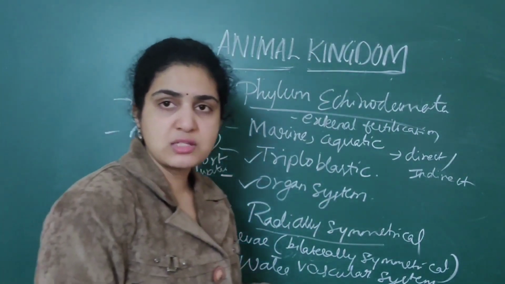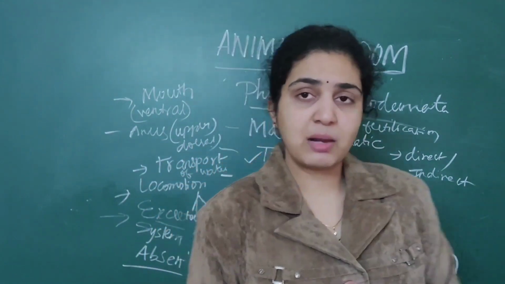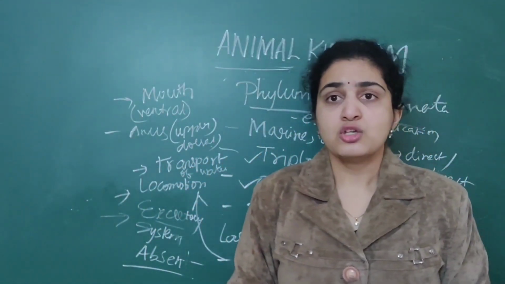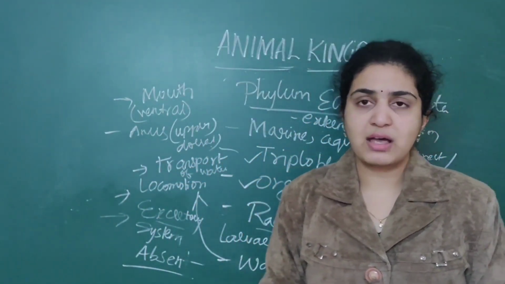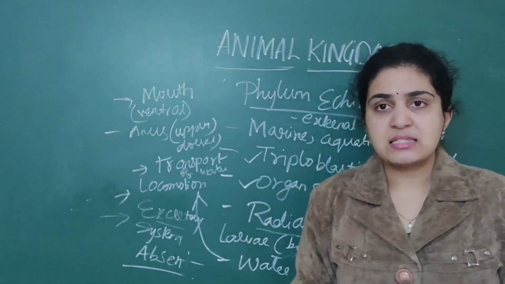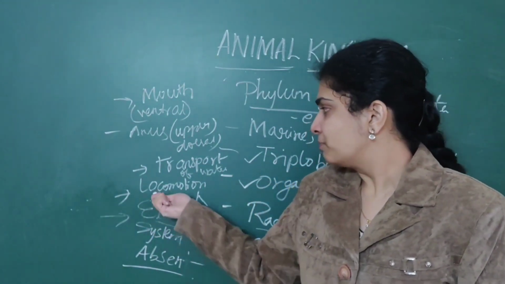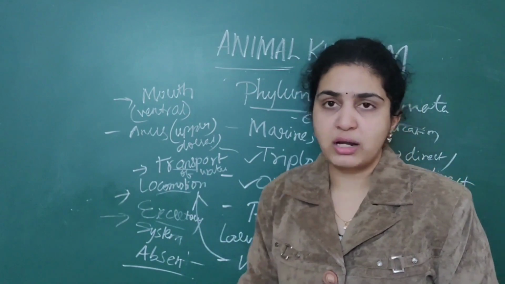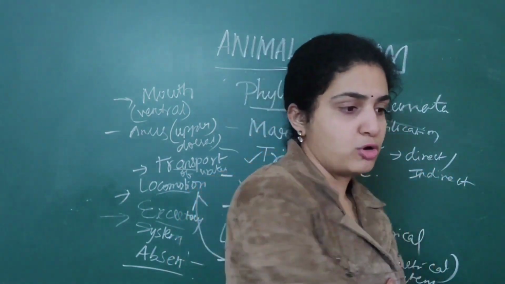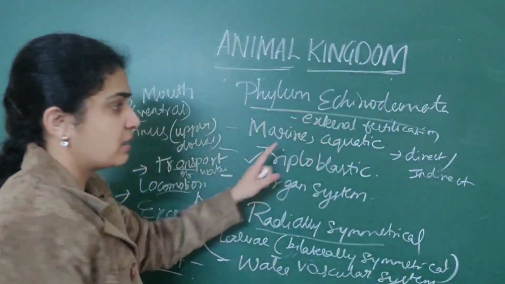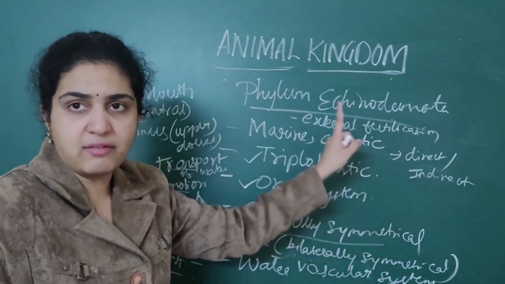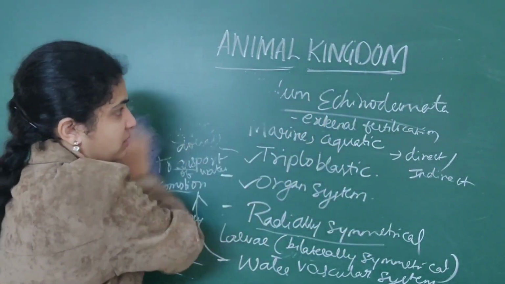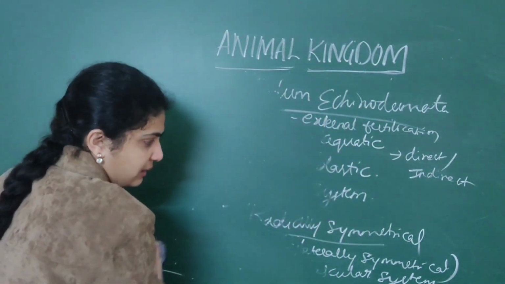What is the use of the well developed water vascular system? It plays a very important role in transportation of water as well as in locomotion. And development is direct or indirect. So this is about the phylum Echinodermata.